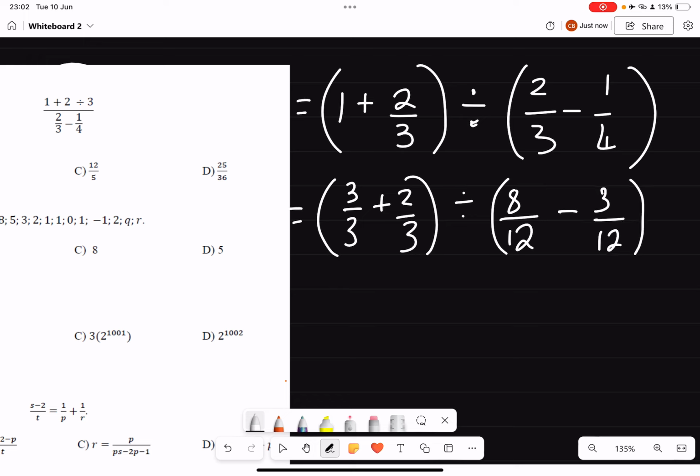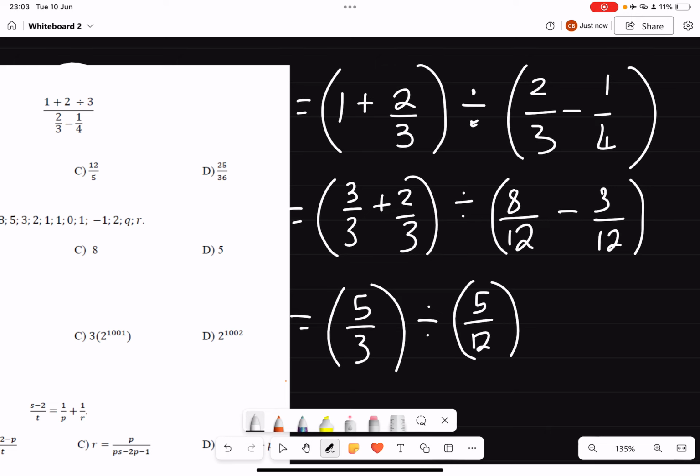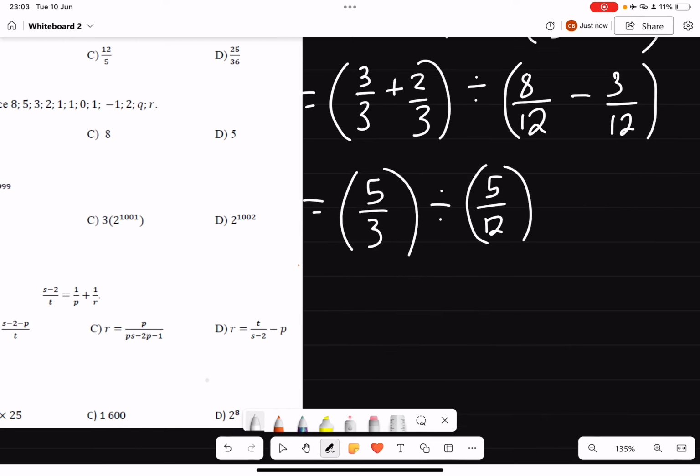And then we're going to now have 5 over 3, because 2 plus 3 is 5, and then we put it over the same denominator, divided by 5 over 12. All right, and then we are now going to use the KFC method: keep, flip, change.